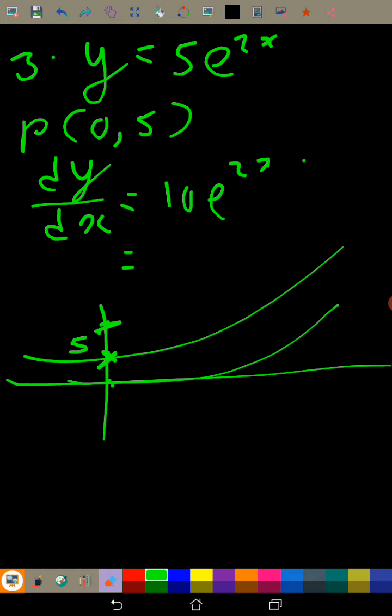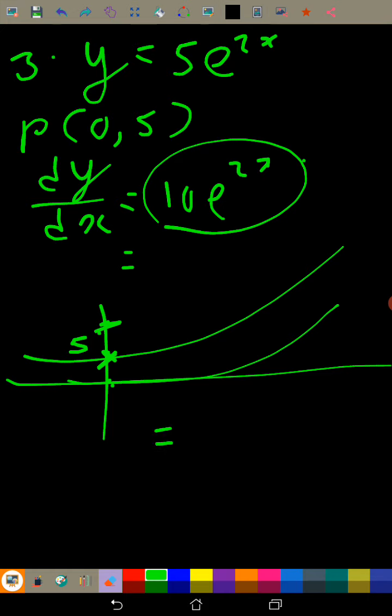When x is equal to 0, we have 1 here. Going to be 5, yeah? So we had a 0.05 precisely. So we want to have the gradient at this point.